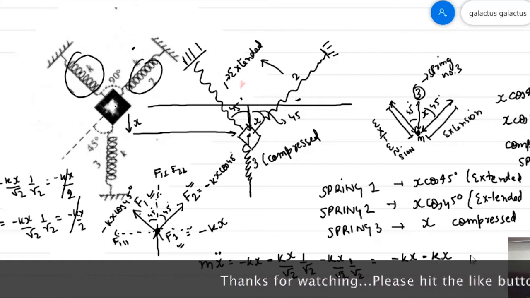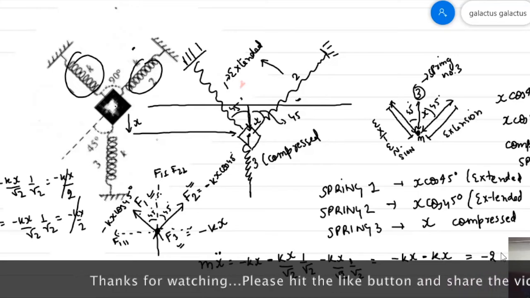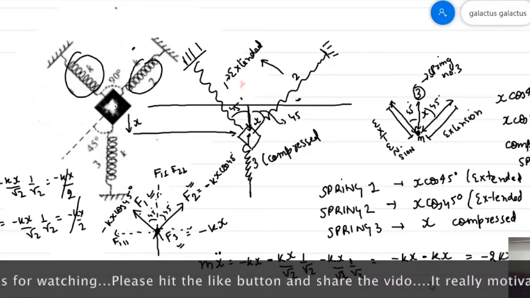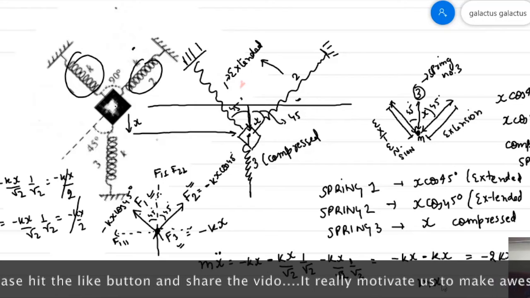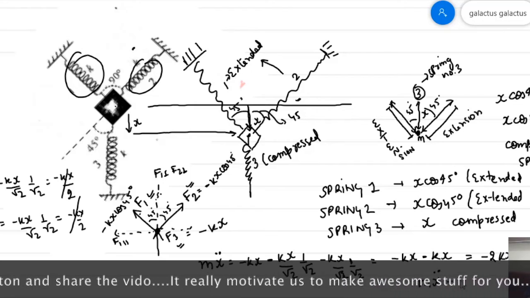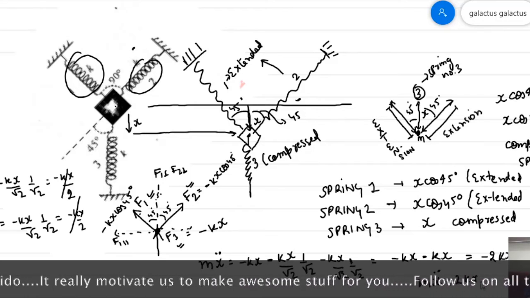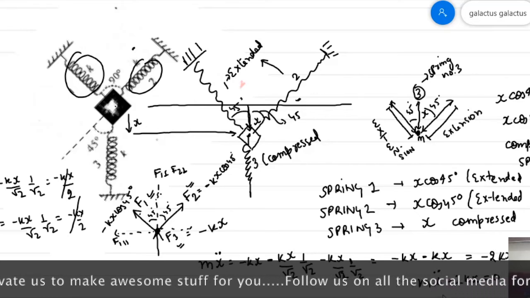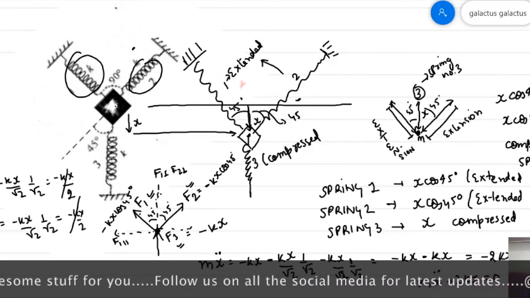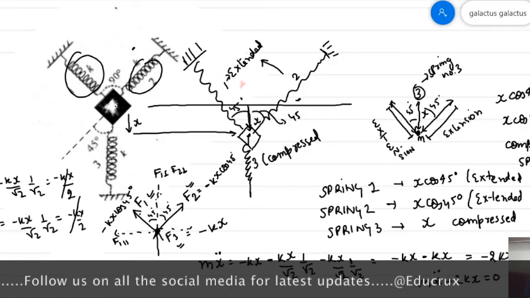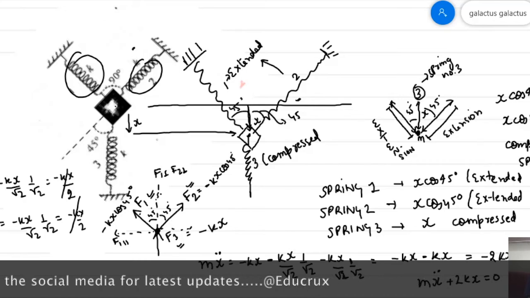So the final answer will be minus 2kx. So mx double dot plus 2kx is equal to 0, and if I divide by mass on both sides, I will get x double dot plus 2k by m x equal to 0.